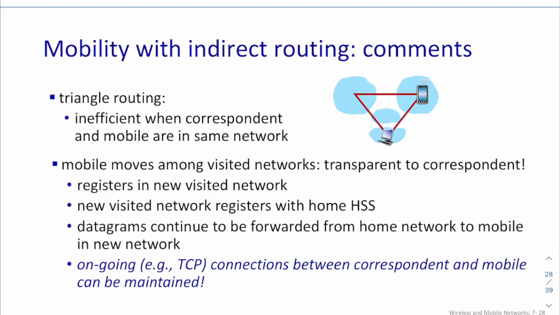But for such a design, the ongoing TCP connection between the correspondent and the mobile can be maintained, because the correspondent never knows you are not in your home network. Only the gateway knows you are not in your home network, but the correspondent does not care.